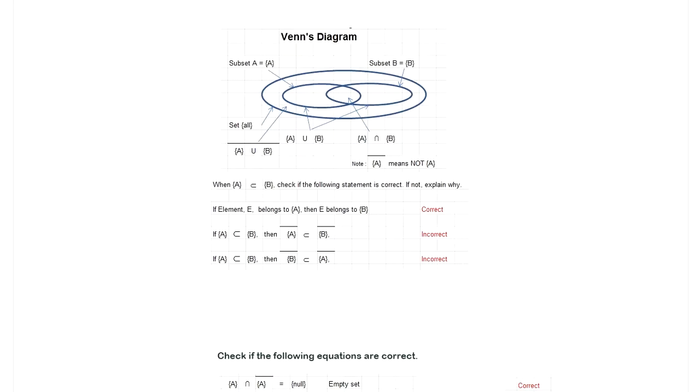Now, Venn diagram. This is the Venn diagram, and if element E above belongs to A, then E belongs to B. Is that true? If element E belongs to A, then E belongs to B. This is incorrect, right? Incorrect.